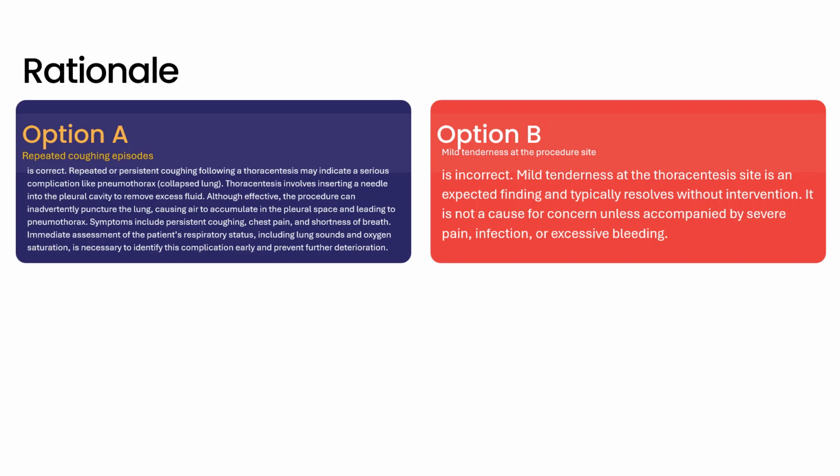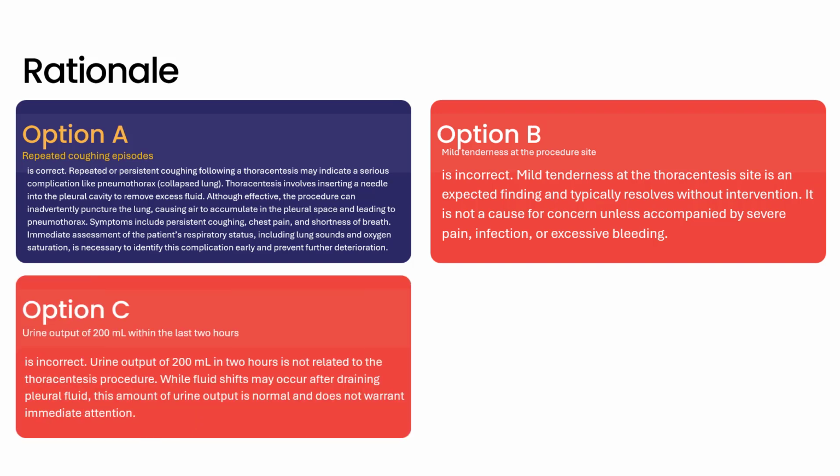B is incorrect. Mild tenderness at the thoracentesis site is an expected finding and typically resolves without intervention. It is not a cause for concern unless accompanied by severe pain, infection, or excessive bleeding. C is incorrect. Urine output of 200 milliliters in 2 hours is not related to the thoracentesis procedure.